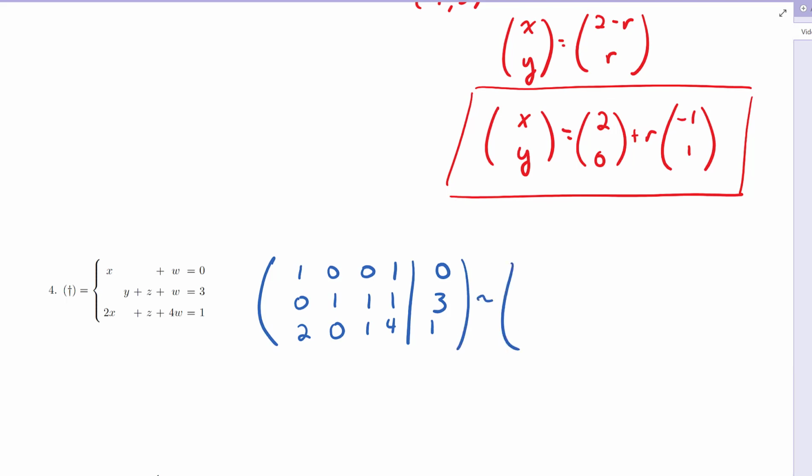So notice we already have, this will be our first pivot column. We want zeros below it. So the first row we'll just copy over. The second row is good to go. It's already got a 0 in that position. And then I'm going to get a 0 here by multiplying the pivot row by -2 and combining it down.